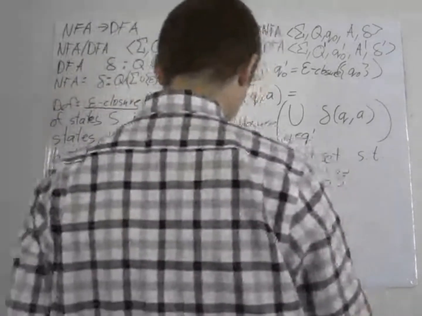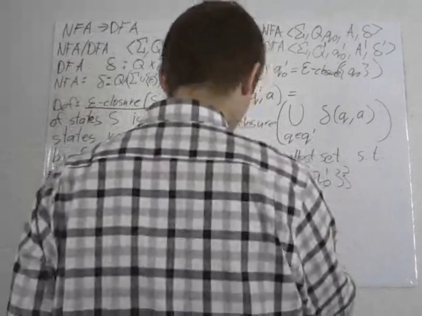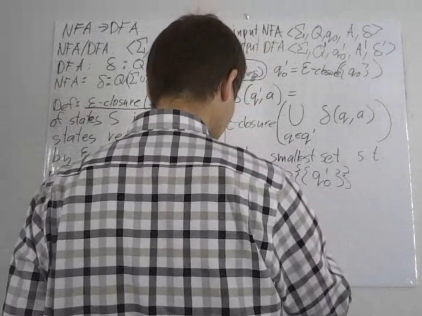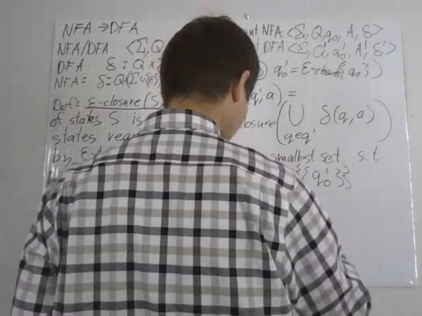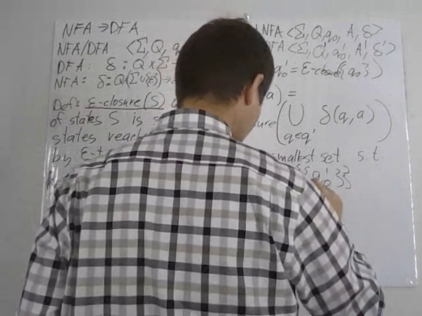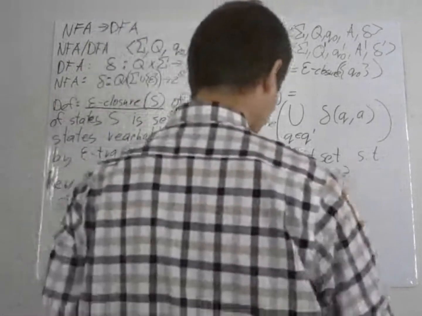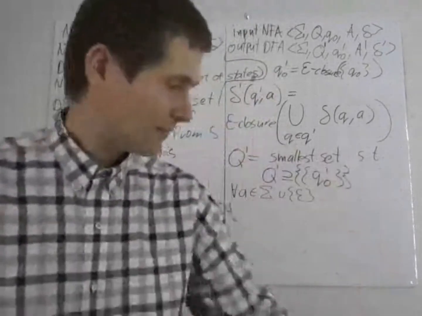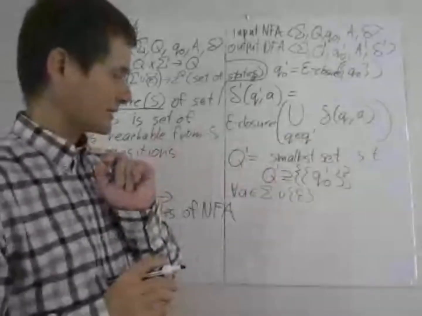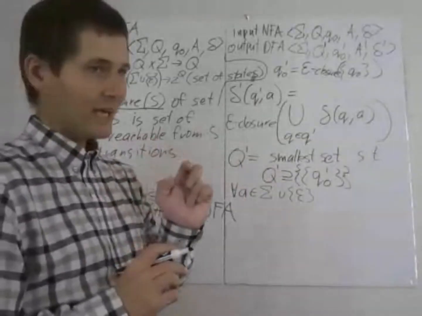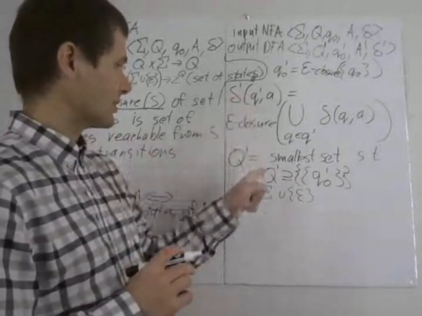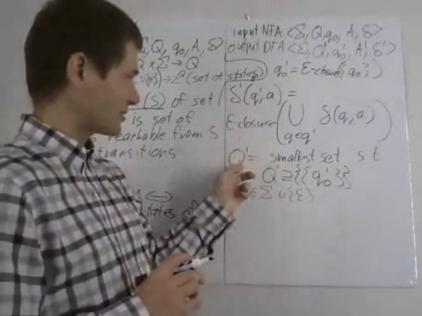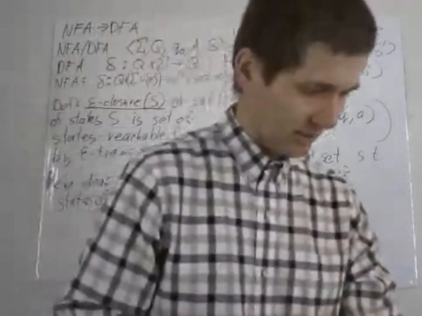And then for all A in the alphabet unioned with epsilon, I want it to be the case that if the DFA can be in a state in Q prime, and the transition function takes me to some other set of states, then that set of states needs to be one of the set of states in Q prime.